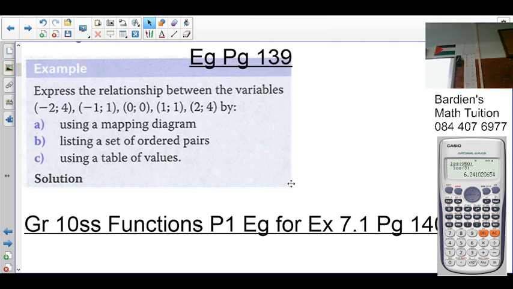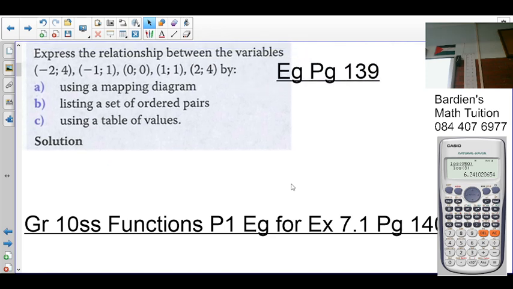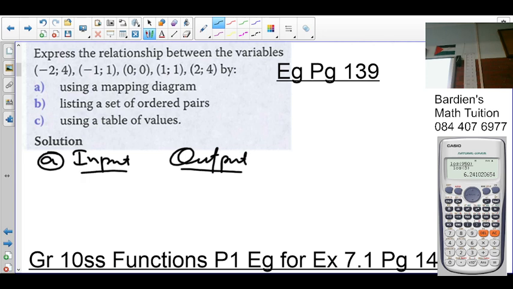Here we are told to express the relationship between the variables in A using a mapping diagram. So here we can have the input, and then of course the output.